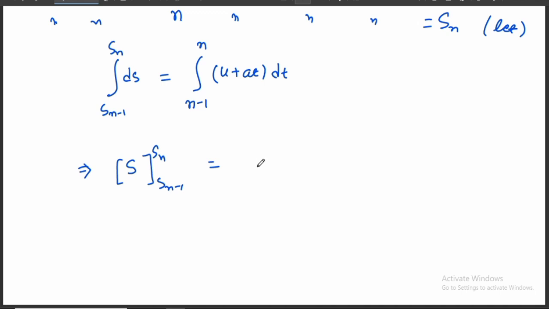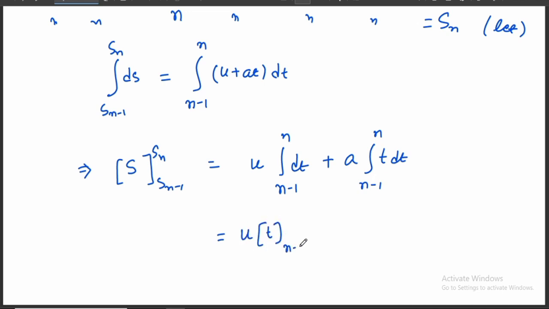And in the right hand side, u is constant, so u will be outside. So it will be integration from n minus 1 up to n of dt, plus a will get outside, so integration of t dt, limits from n minus 1 up to n. Now integration of dt is t, so it will be u times t from n minus 1 up to n plus a. Integration of t dt is t square by 2, limits n minus 1 up to n.